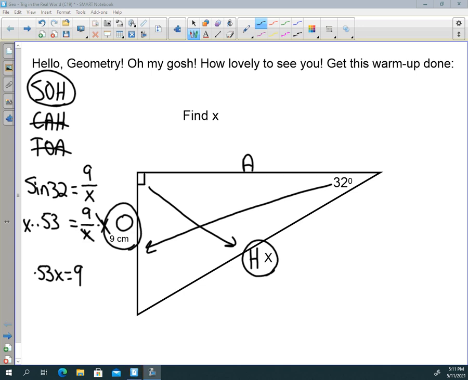So now we're going to divide both sides by 0.53. Boom. x equals 9 divided by 0.53, 16.98. So we know that the hypotenuse is 16.98 centimeters long.